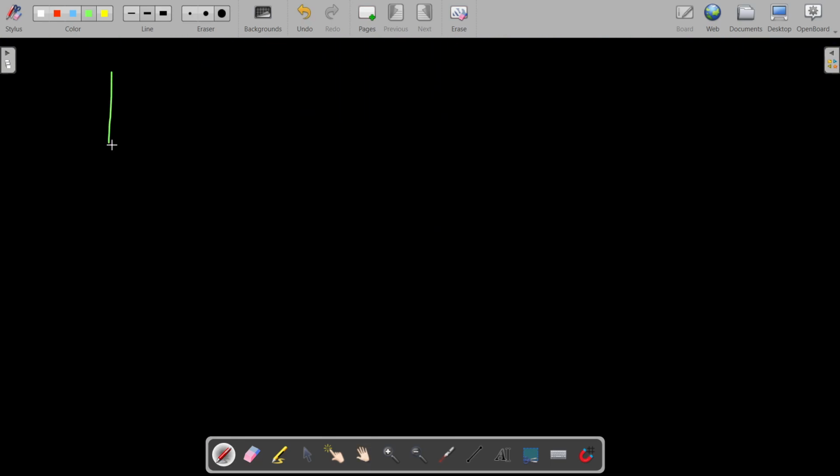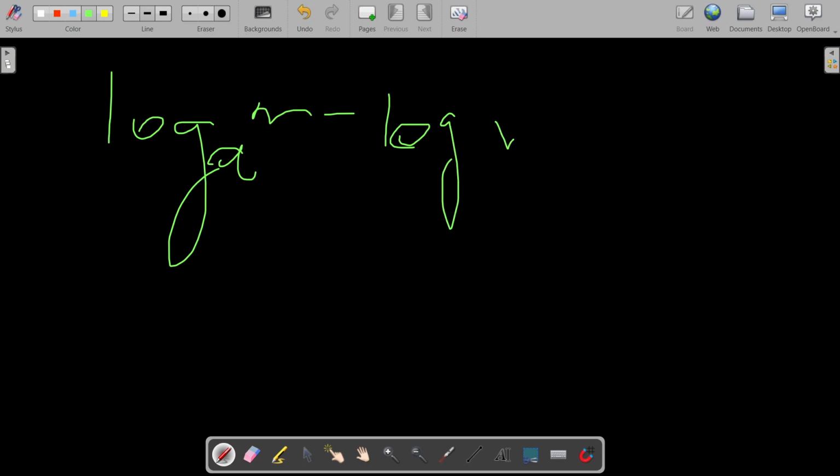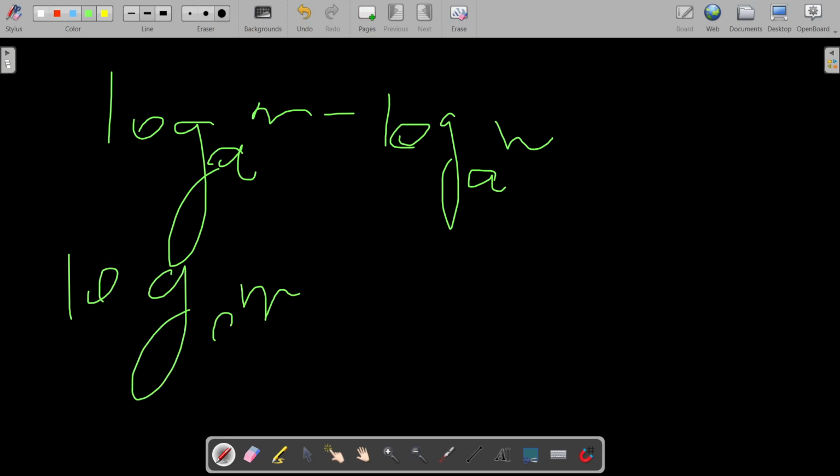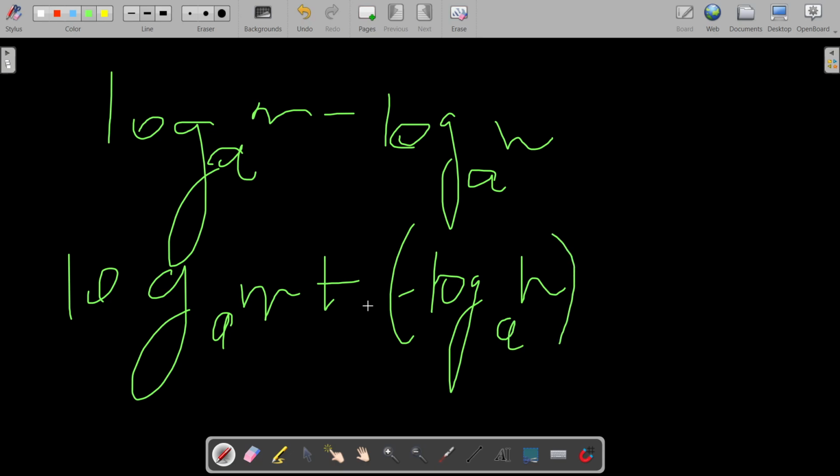Similarly, let's take difference. We talked about sum, let's talk about difference. Log m minus log n basically. So I can write log m base a plus minus log n base a. Can I write that? Minus is minus 1 into this expression, and this looks like property number 1.